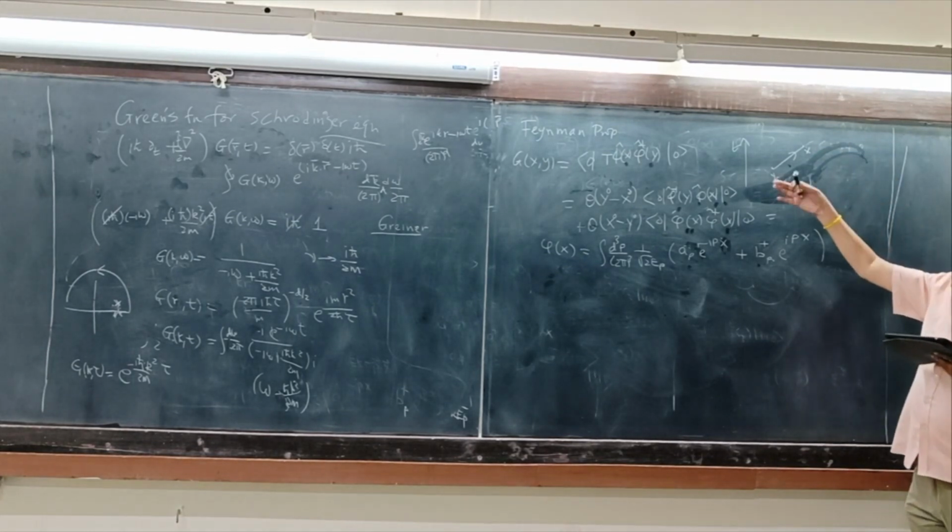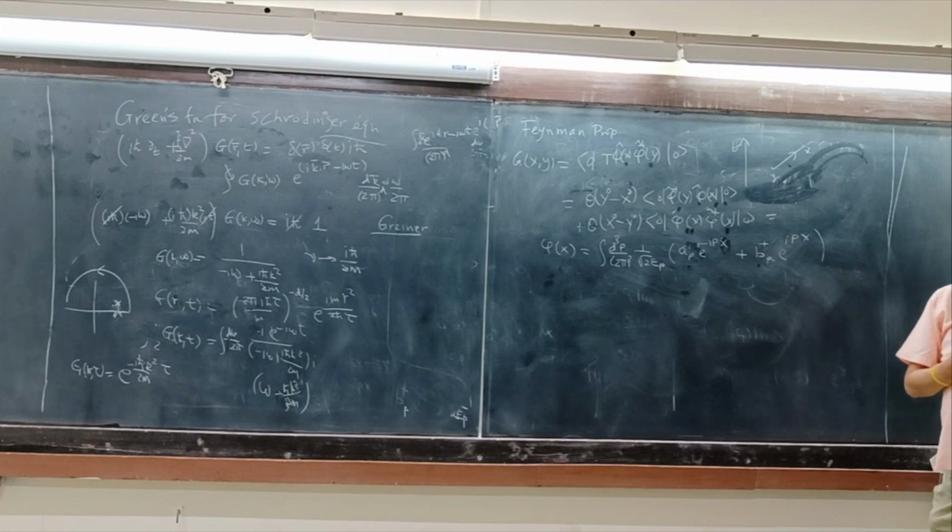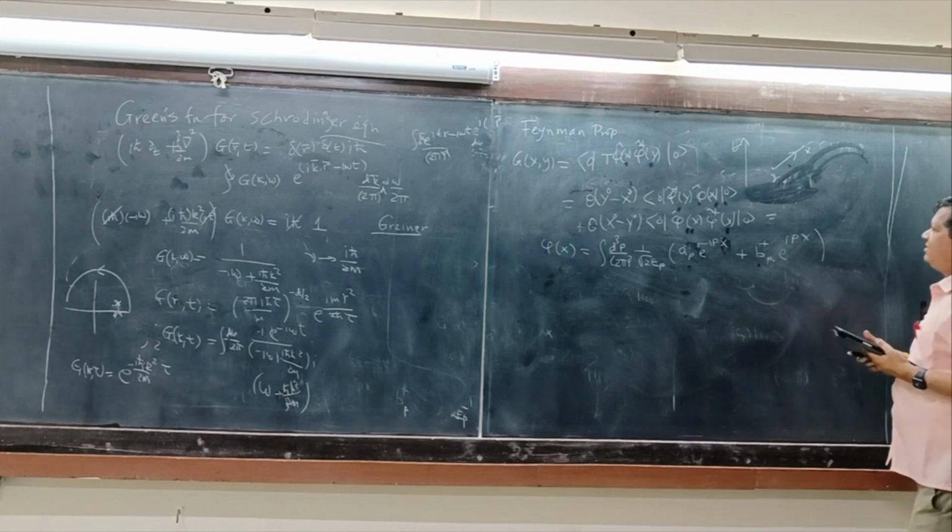So in some process, it happens. So you may have one virtual particle created at y and destroyed at x.